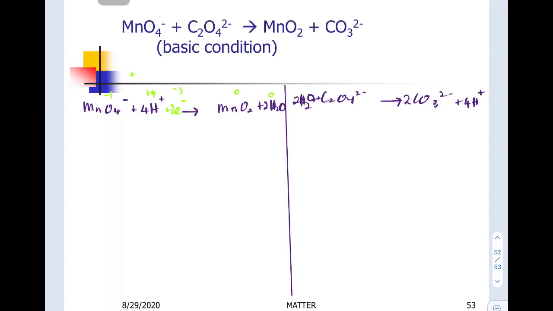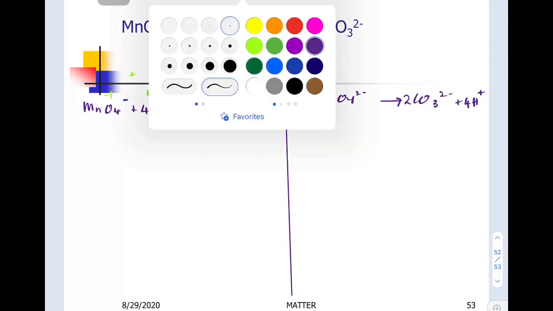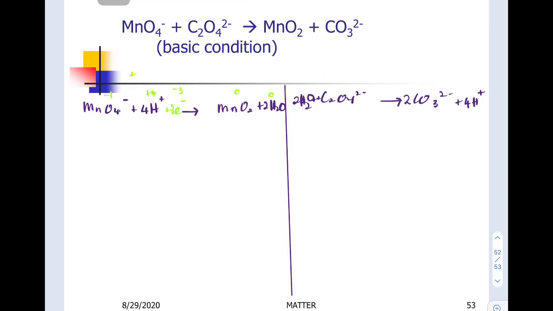Then we determine the number of electrons and the charge. So here is 0, -2. The total charge at the left is -2 times 2, which is -4, and at the right, 4 H plus gives plus 4, so it is 0. To balance the charge, we add electrons to the side that is more positive. In this case, it is the right side.